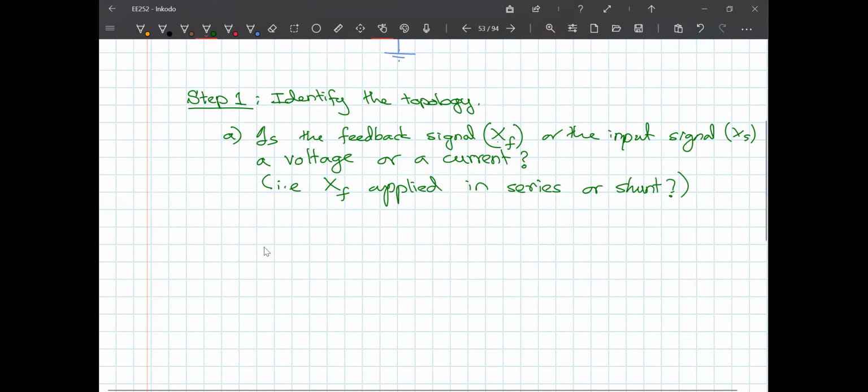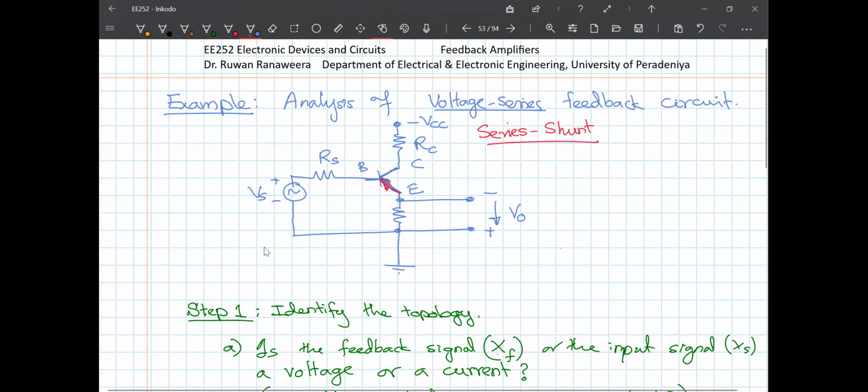If it is applied in series, it should be a voltage. If it is applied in shunt, it should be a current, right? So in our case, what is my XF? You have to identify it by looking at the input circuit.